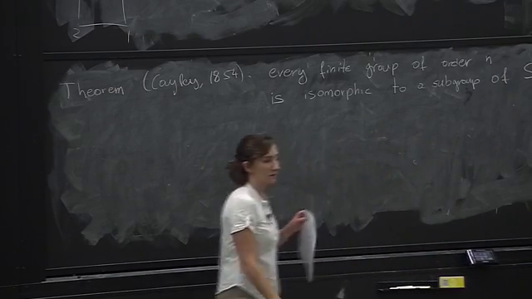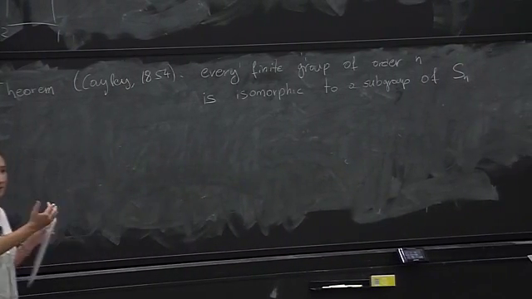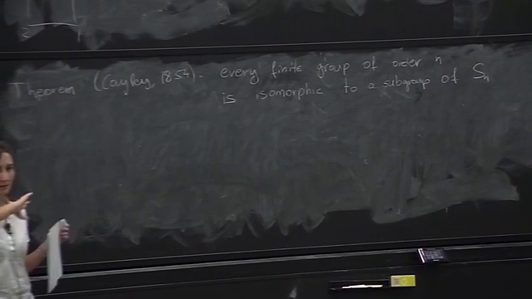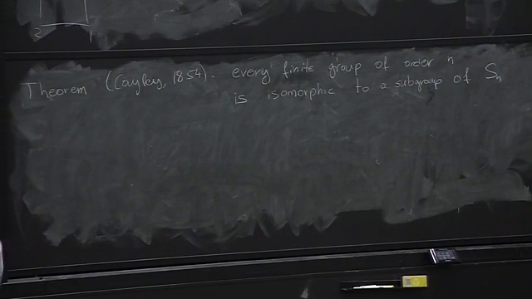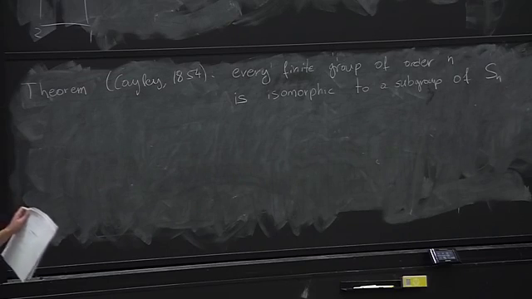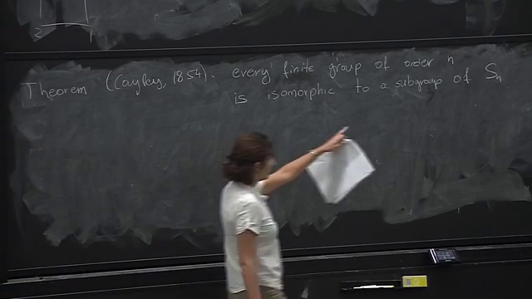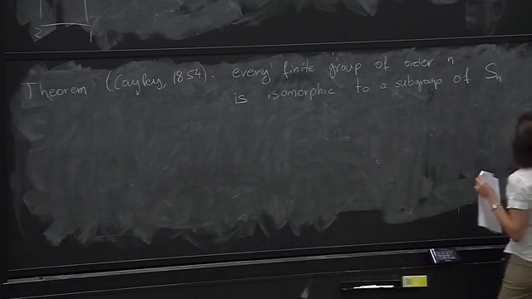of Sn. And you remember yesterday we talked about homomorphisms and isomorphisms for algebras? Well, these definitions are exactly the same for groups. So Sn is of order n factorial.